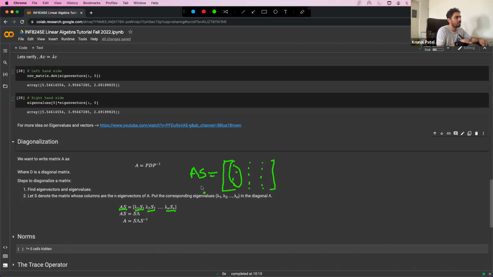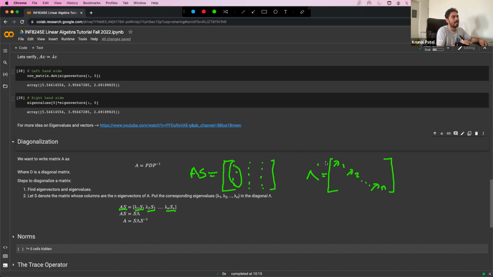What I did is I computed another matrix, which is called capital Lambda. It is a diagonal matrix where I have lambda 1 here, lambda 2 here, and so on, lambda n here. What I'm doing here is basically the same as S times Lambda.